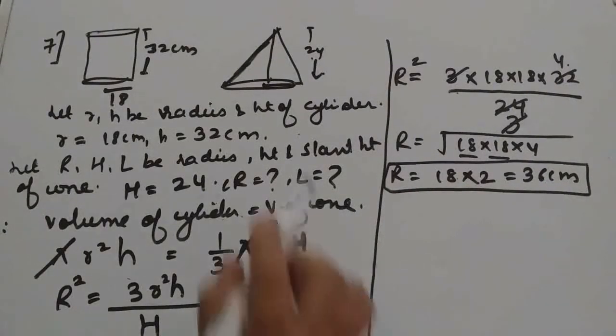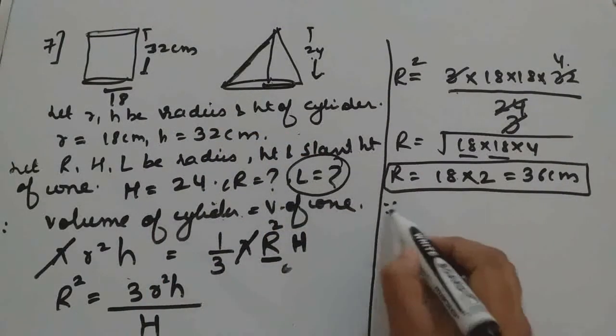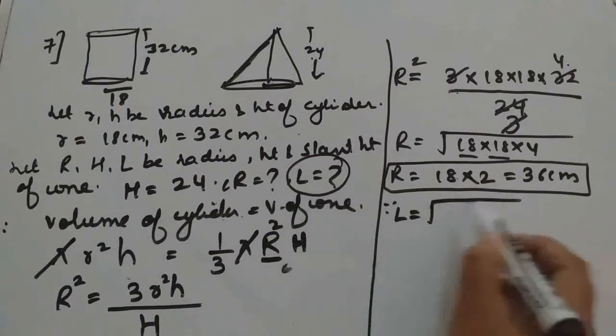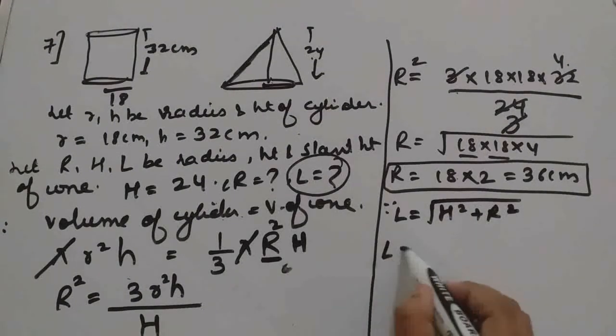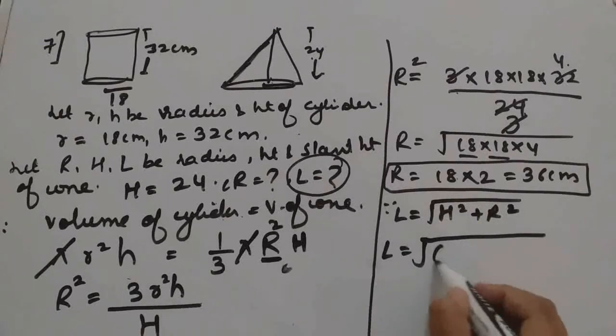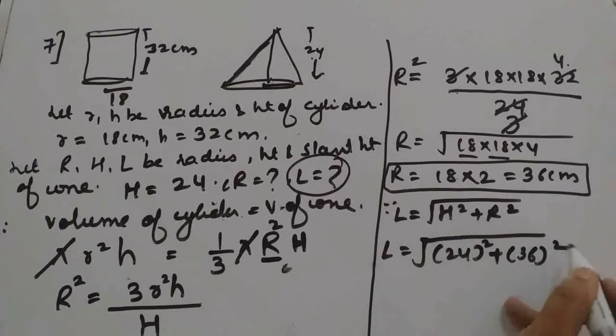radius of the cone. Now to find L, we should recall the relation between L, H and R, that is square root of H square plus R square. So L will be the square root of 24 square plus 36 square.